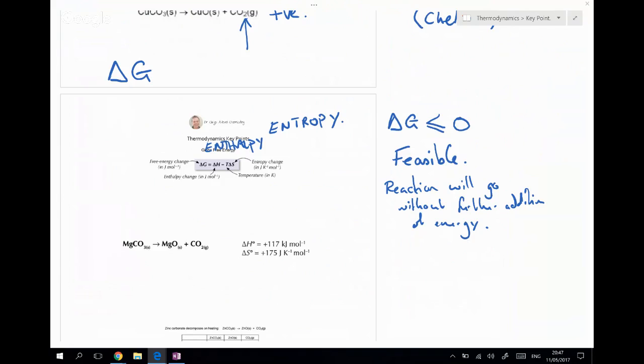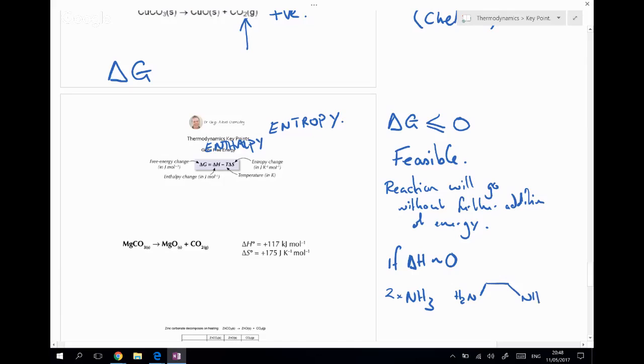But the key here, certainly if we're talking about something like the chelate effect, is that if delta H is approximately 0, and this would happen with transition metals where you've got a change of ligand, going from something like ammonia to a bidentate ligand, where perhaps you've got two ammonias being swapped for a diamine group.